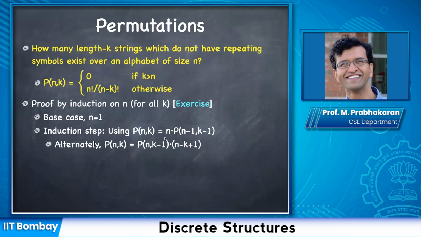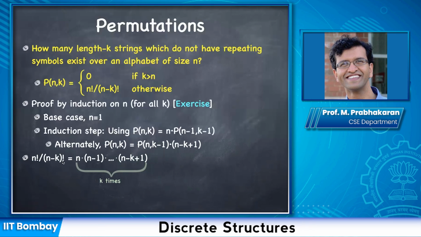But once you have picked a k minus 1 long string, you have used up exactly k minus 1 characters, and you're left with n minus (k minus 1), or n minus k plus 1, characters to pick from for the last position. And again, you can plug the inductive hypothesis in here, and you would get this expression. So again, I'll leave it as an exercise to fill in the details.